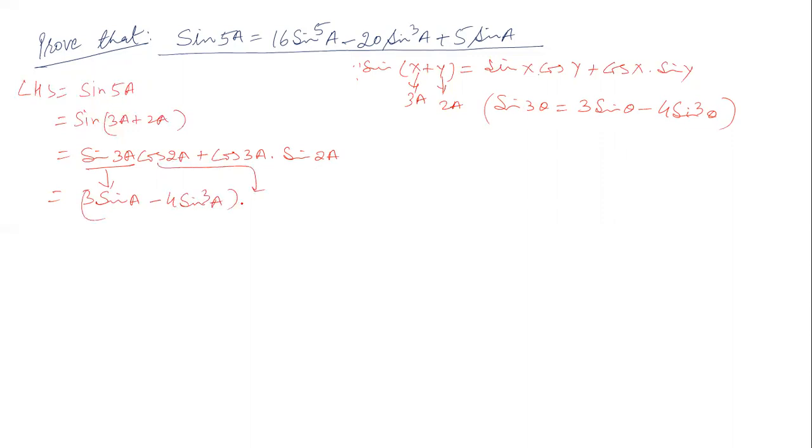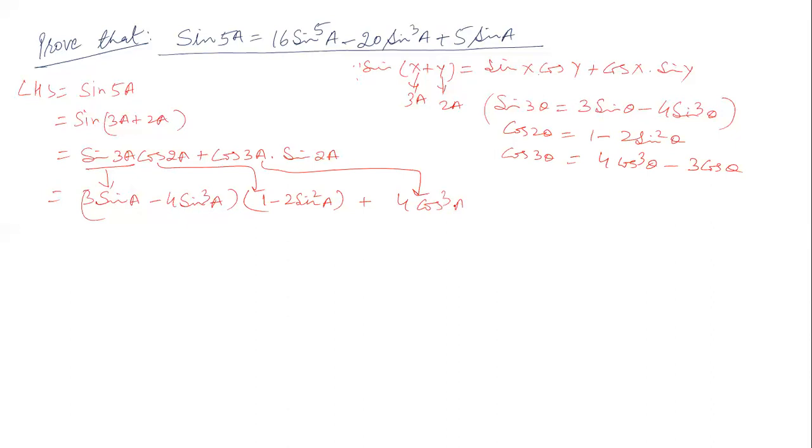For cos 2a we have 3 formulas, but we will use the one in terms of sin: 1 minus 2 sin square a. Again cos 3 theta is 4 cos cube theta minus 3 cos theta, so 4 cos cube a minus 3 cos a, and sin 2a is 2 sin a cos a.